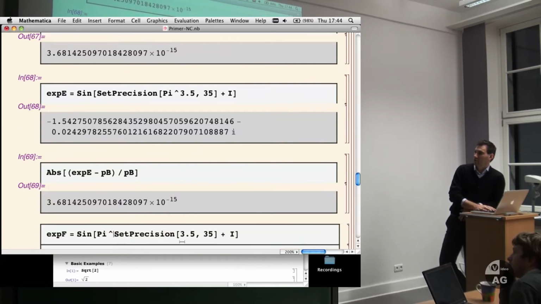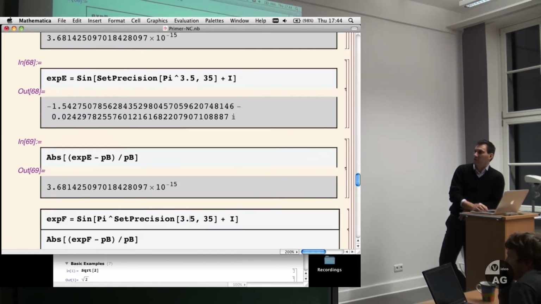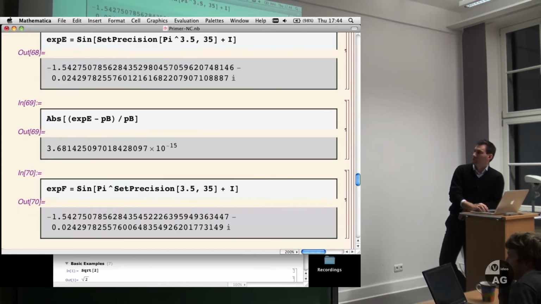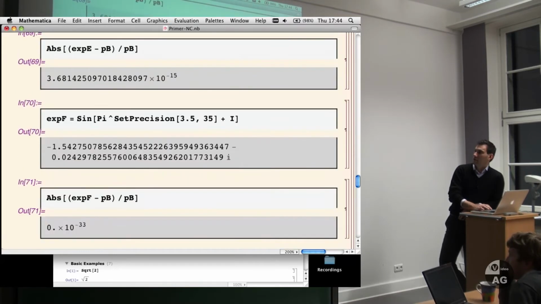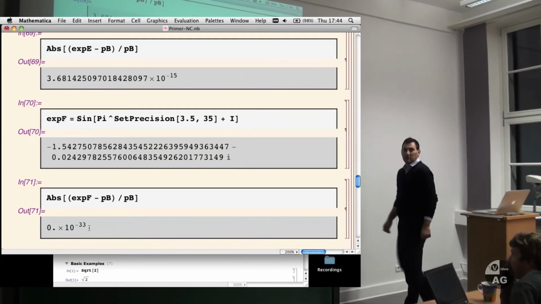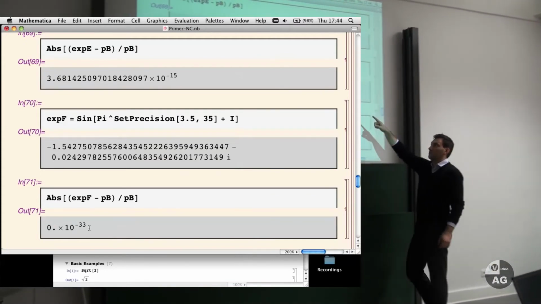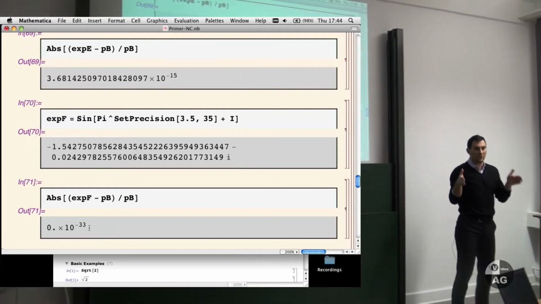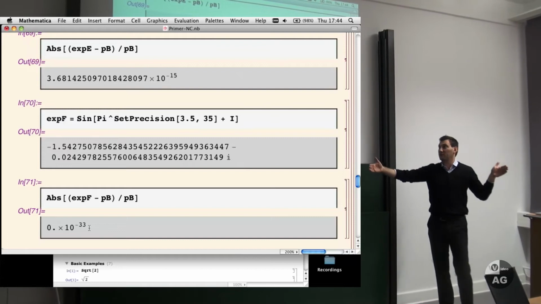Let's continue this game. How about I set the precision of the stupid number, and I convince Mathematica that this number has 35 digits. Look at that. Do you see what happened? For the first time now, I performed the operation not with 16, but with 35 digits.